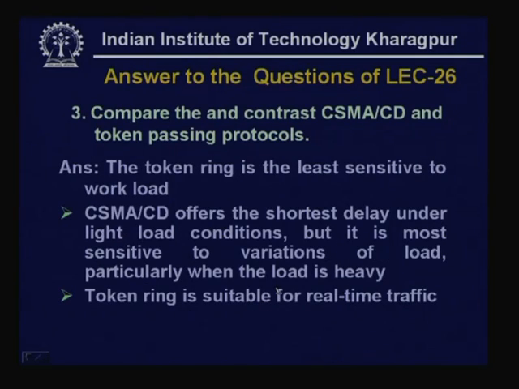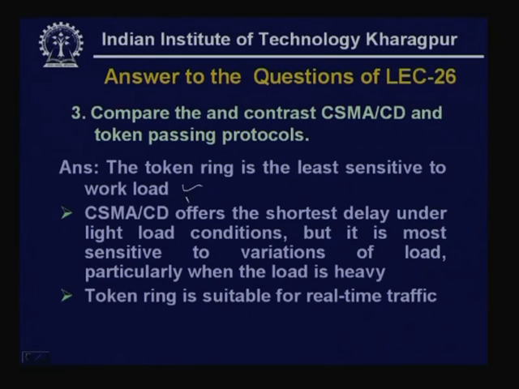Third question was, compare and contrast CSMA/CD and token passing protocols. The token ring is the least sensitive to workload. We have seen that in token ring, although when the network is lightly loaded the overhead is high, it is less sensitive to workload.